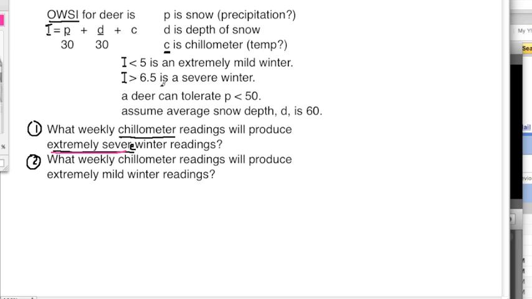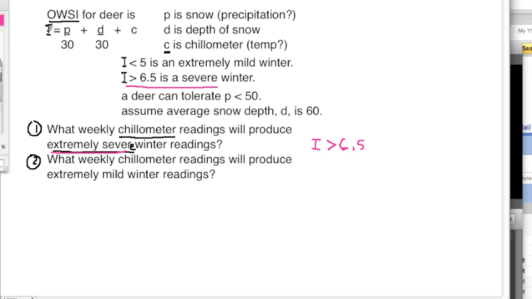So we're looking for severe winter. We are interested in when I is greater than 6.5. So let's do this in Strawberry. We want to know when I is greater than 6.5.